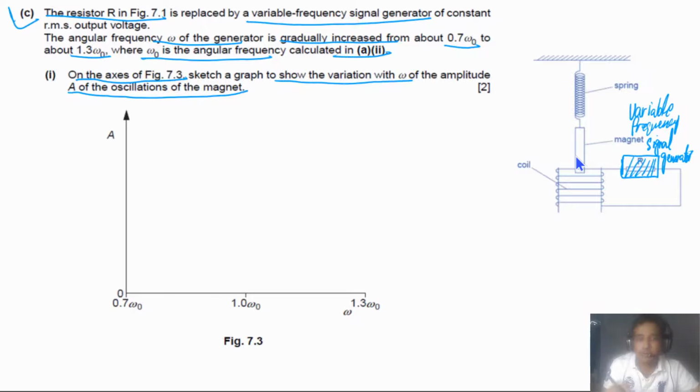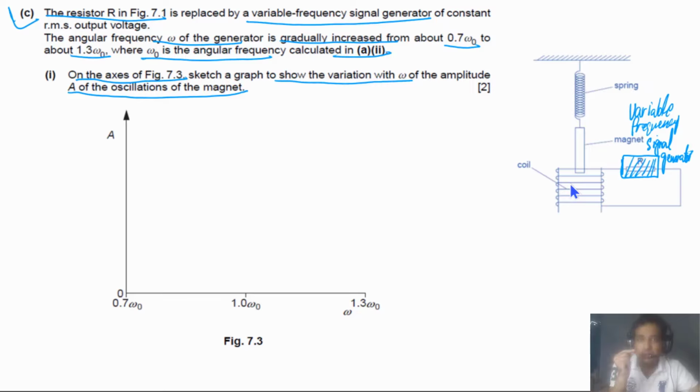And this magnet has a certain natural frequency; it is oscillating with it. At one instant the two magnets will repel each other, at another instant they will attract each other, meaning there will be electromagnetic forces.